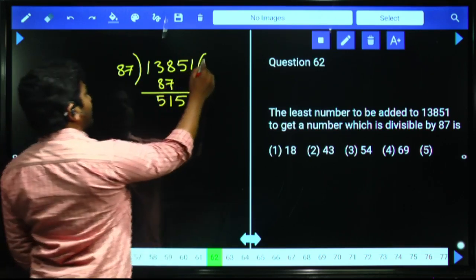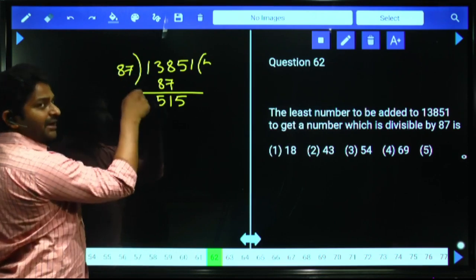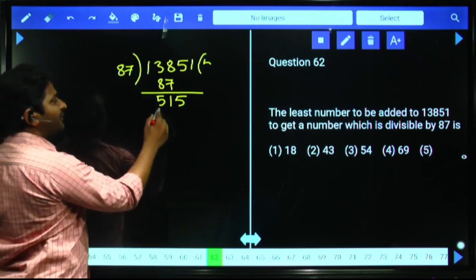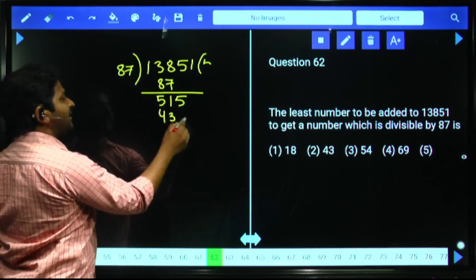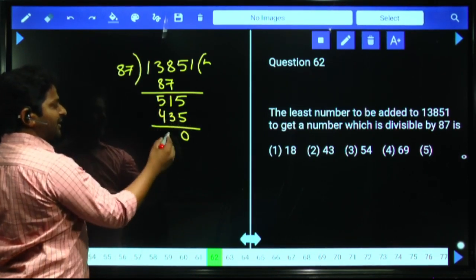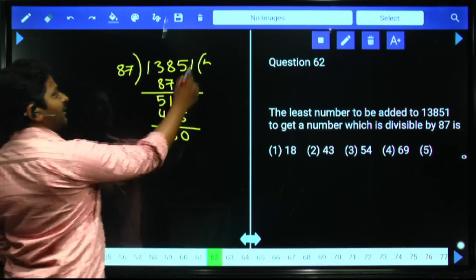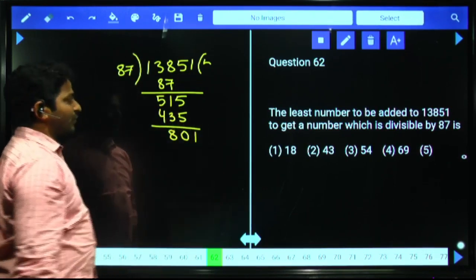So we have to take only 5 times here. 5 times in the sense, take 10 times and make it half. 10 times is 870. Half of that is 435. 510 minus 435, that is equal to 8. And then you also have one more, that is 1 time.